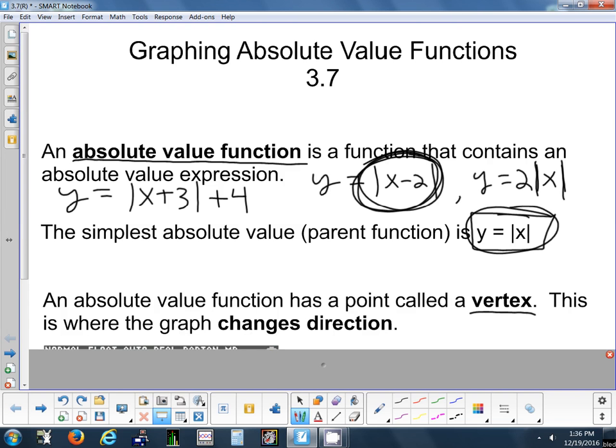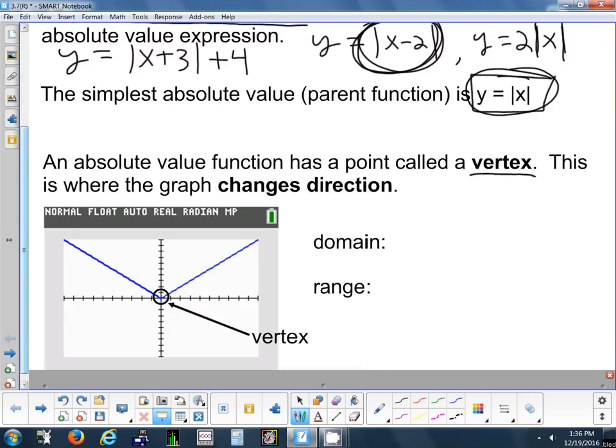An angle looks like this. The vertex is like the middle. It's the same thing here. The vertex is right where the point of that V is. It's like we just took this and tilted it and put it here.